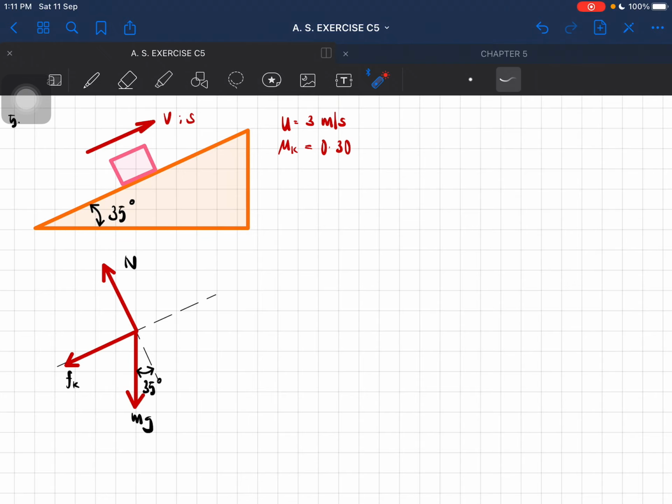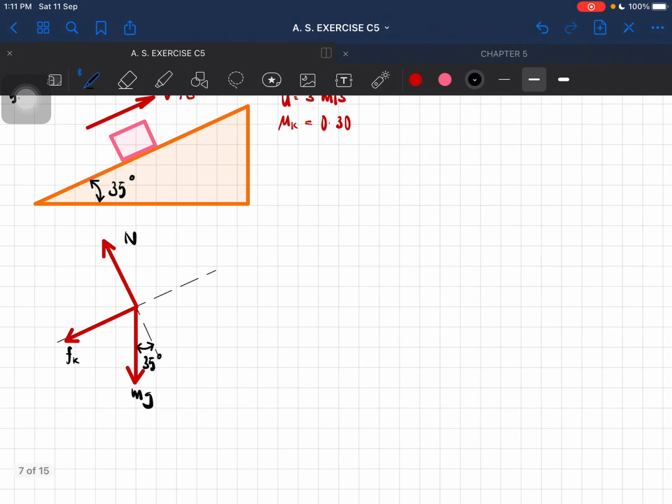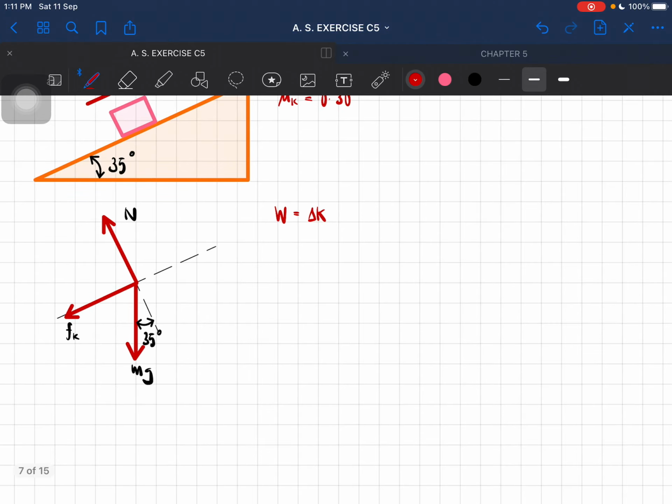Okay, right, so we know that work is equal to the change in kinetic energy.